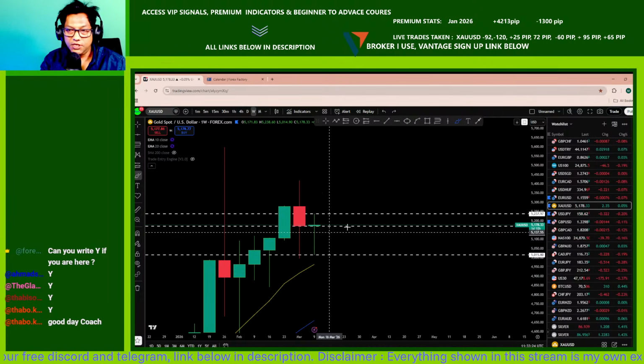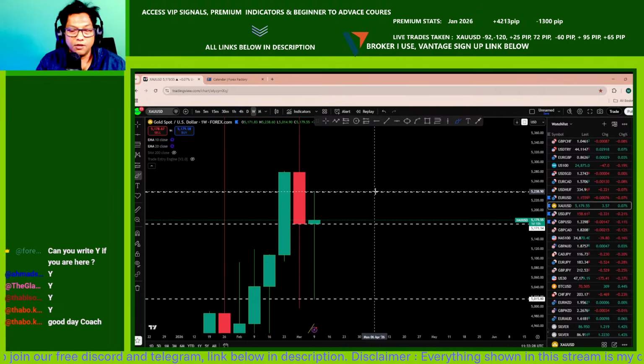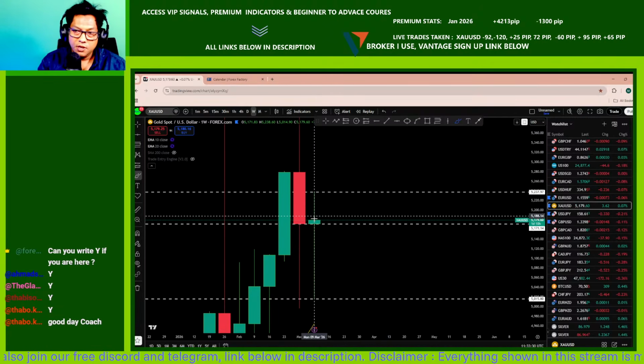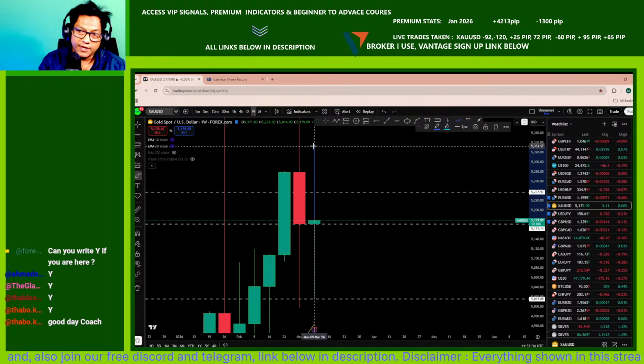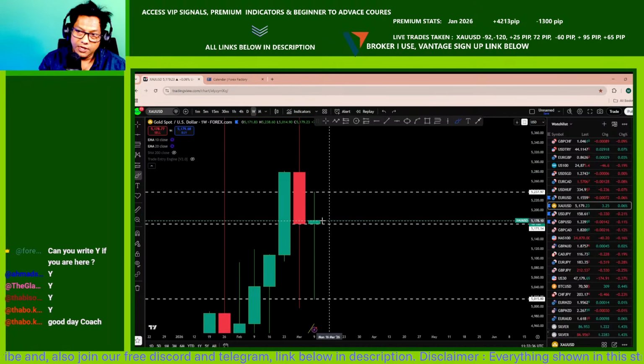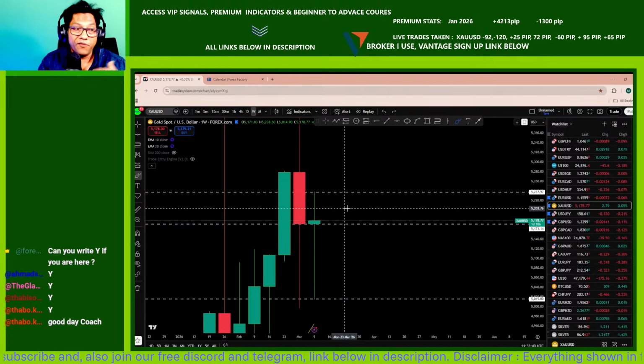I would like to see how many members agree with that, and then we'll be looking at the lower time frame. This is a very crucial point, because if the market is not going to create a candle like that, then it has to create a candle below before the weekly close.